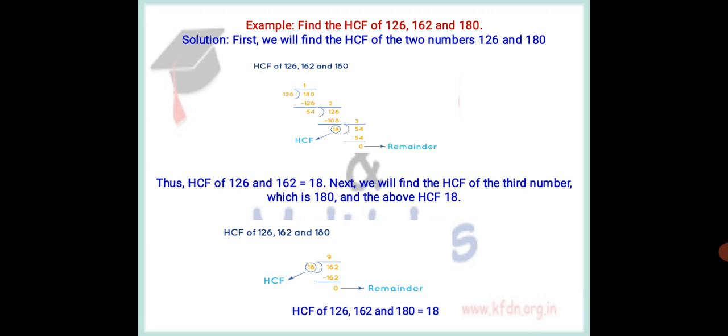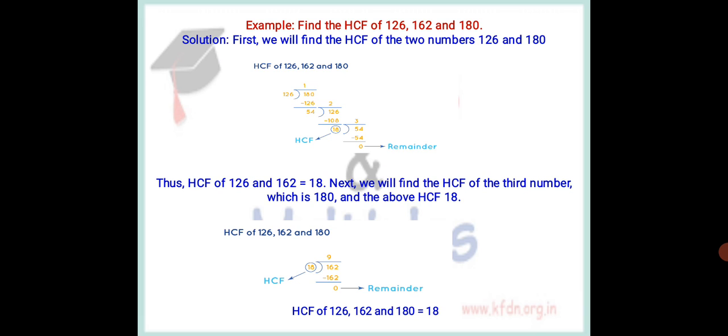In the next level, we have to divide 162 by 18. If we multiply 18 by 9, 9 eighteens are 162 only. So in the second level, we are getting 0 as remainder and 18 as my HCF.